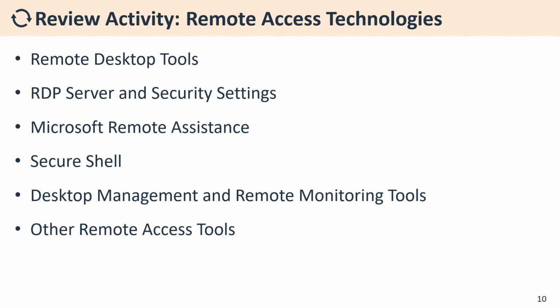We talked a little bit about desktop management and remote monitoring tools, and we also discussed other remote access tools that are alternatives to the Microsoft tools that you could also use, but that normally are used with other operating systems.